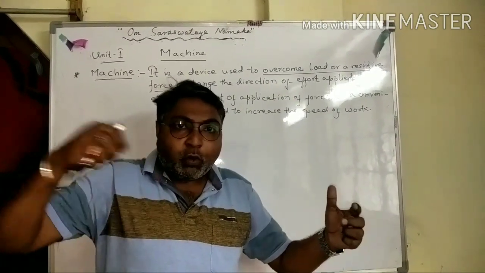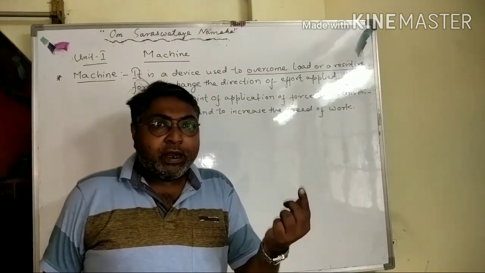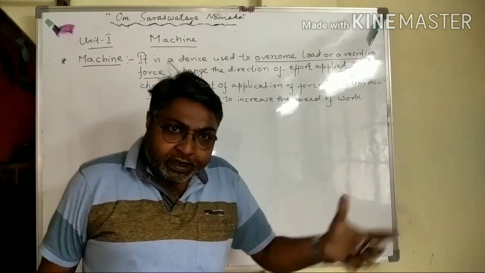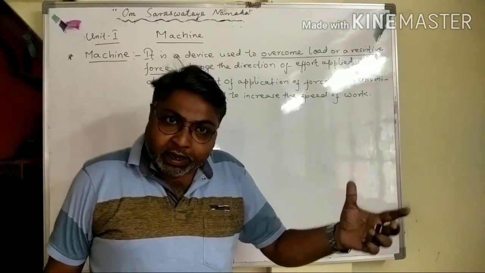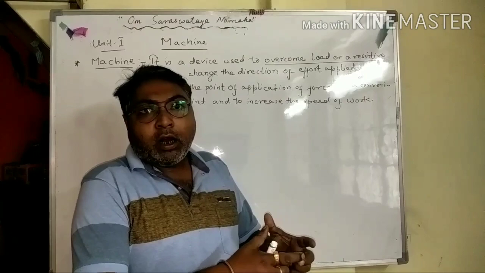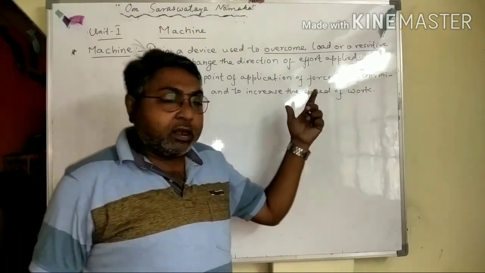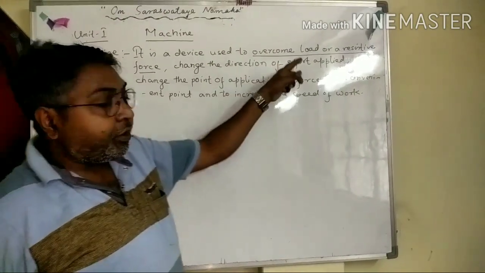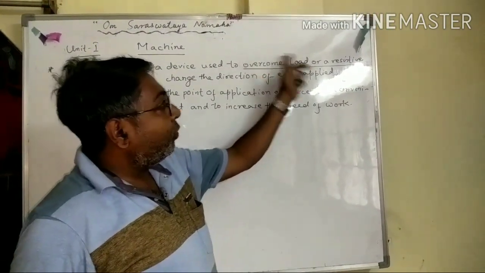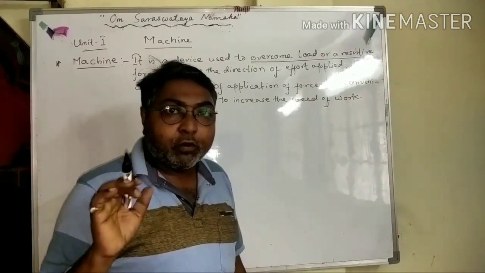That handle will be rotated and one piston will come up. It will lift the car or the truck, and very easily the punctured tire can be removed, and then the new tire can be placed in place of the old tire. So this is the function of a screw jack, which is used to lift or overcome a resistive force by using very little force or effort.